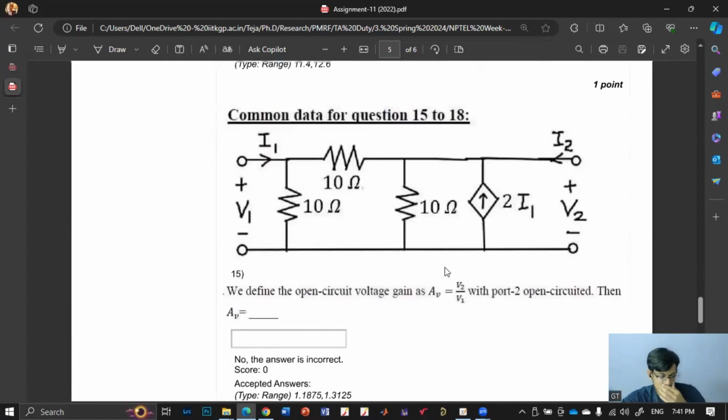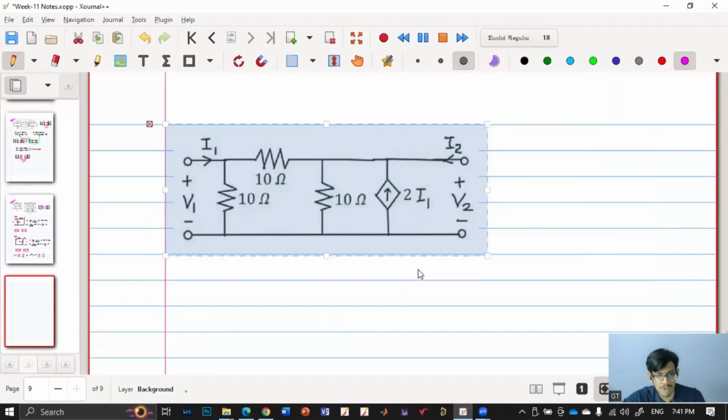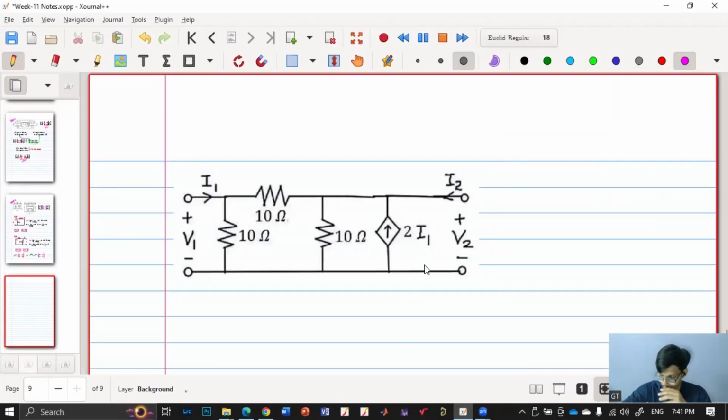And yeah, this is a bit interesting problem and also a little bit lengthy compared to our previous problems. So this is our problem 4.